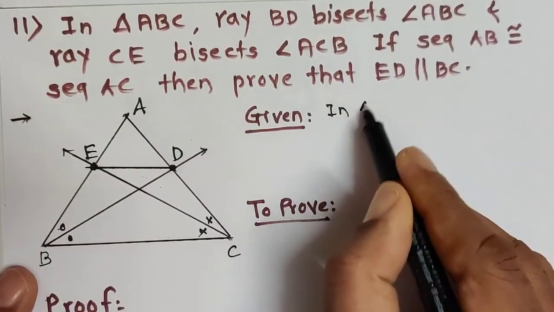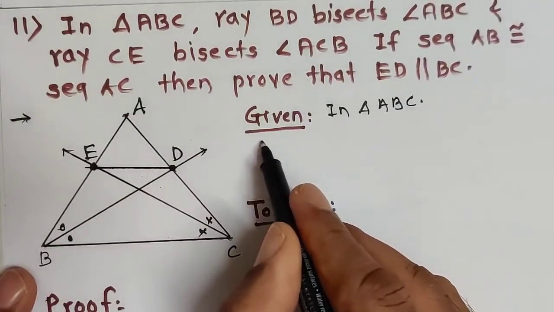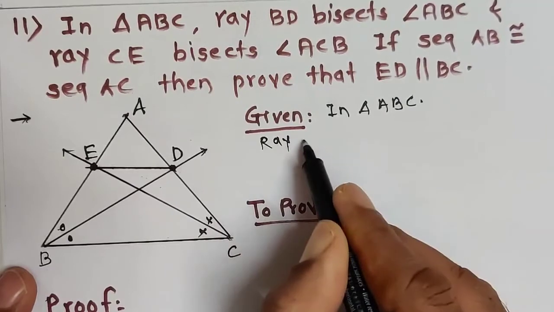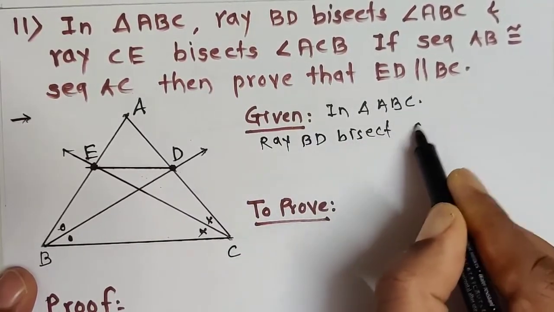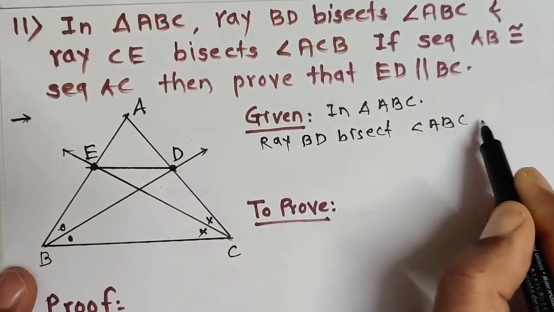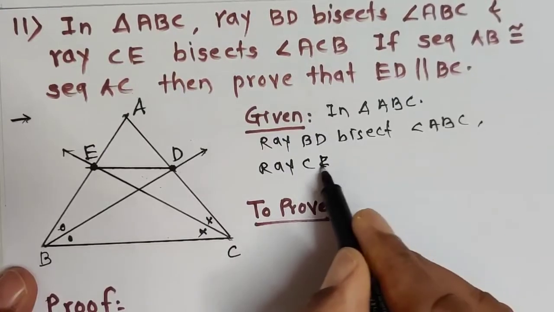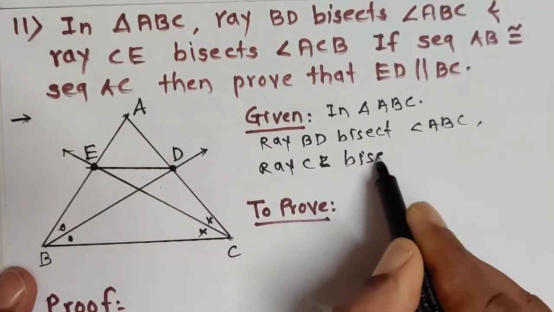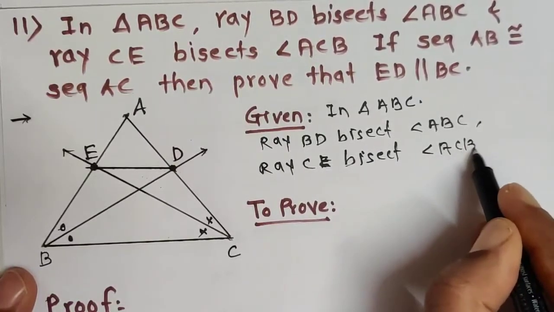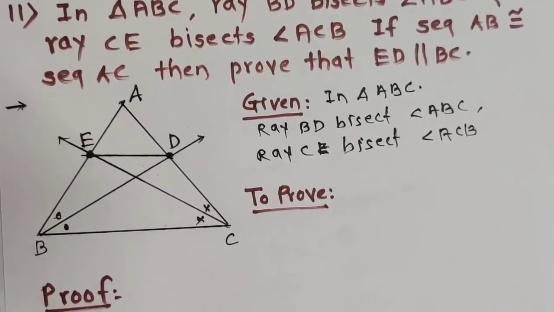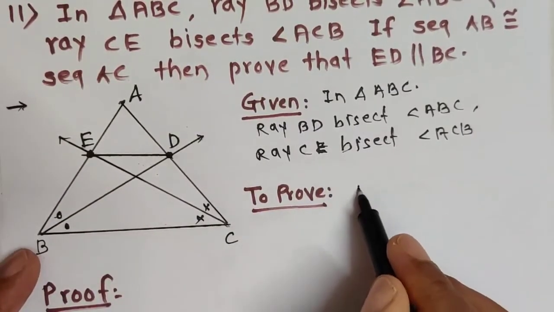In triangle ABC, ray BD bisects angle ABC, that is the first one, and ray CE bisects angle ACB, that is the second part. Now what we have to prove? This ED parallel BC.